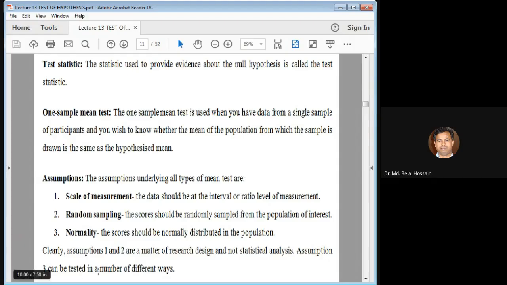Assumption 3 can be tested in a number of different ways. Whether your data set follows normality, you can judge that. How? You can draw a histogram, and above the histogram you can place a normal curve, to see whether your data shows an approximation to a normal distribution.